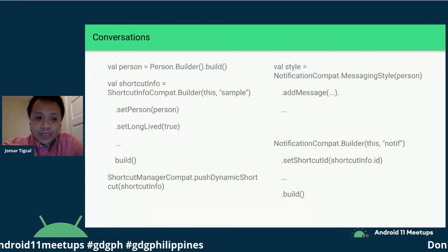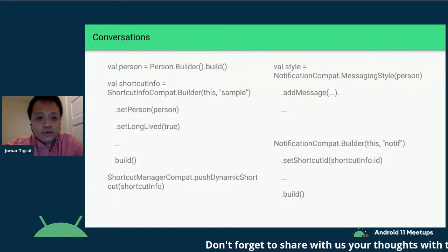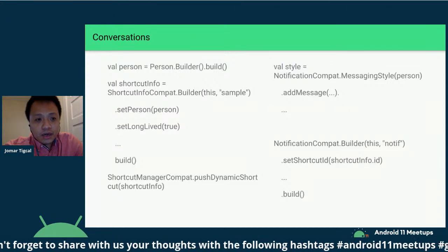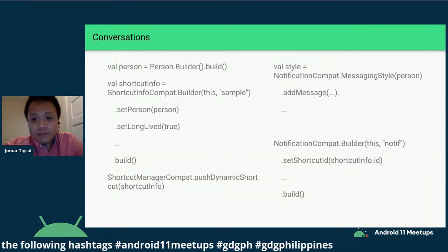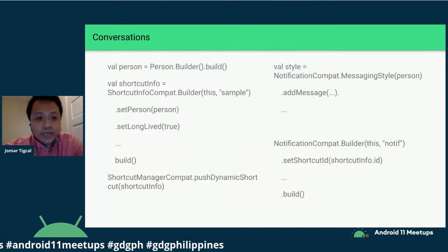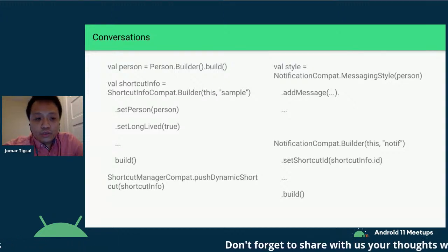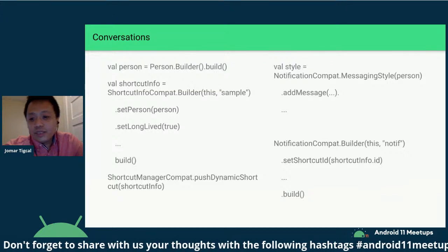To create a conversation notification, you just need to have a notification, of course, but you have to build a person object with the Person.Builder, and then you also need to create a dynamic shortcut for it. We can create it with ShortcutInfoCompat.Builder.